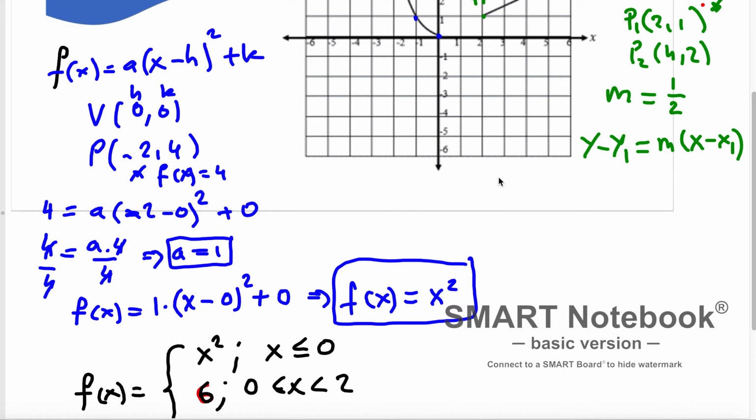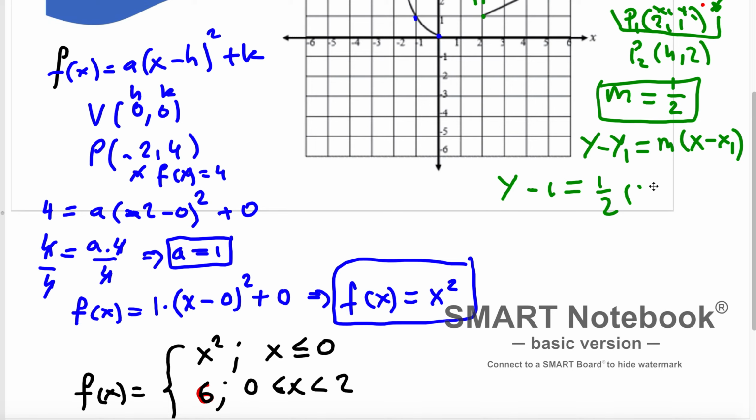So y minus y1, where I plug in 1, is equal to m, which is 1 over 2, times x minus x1, which is 2.